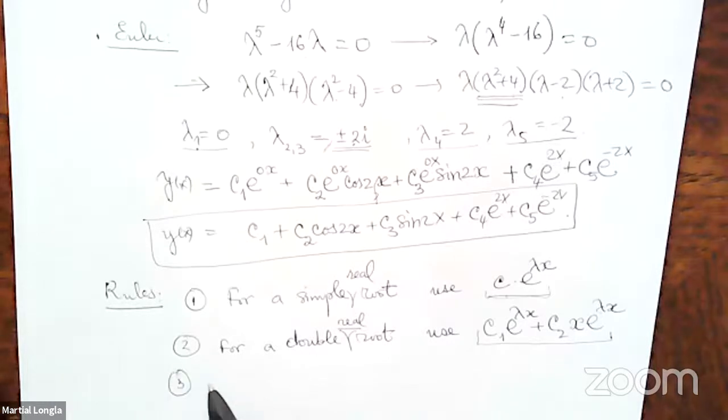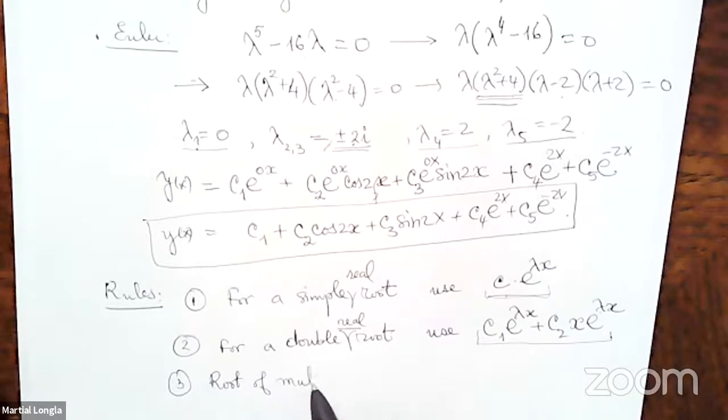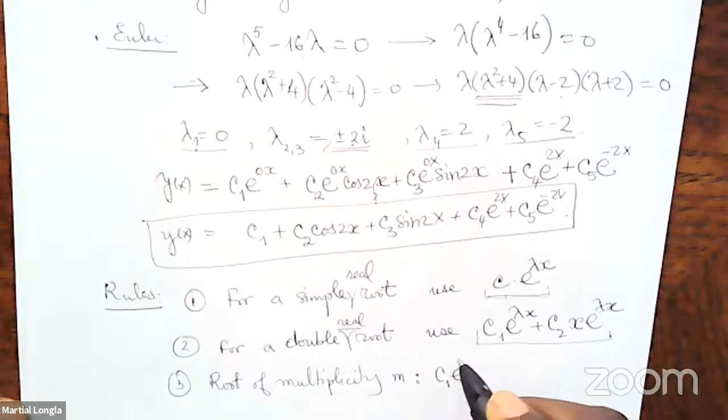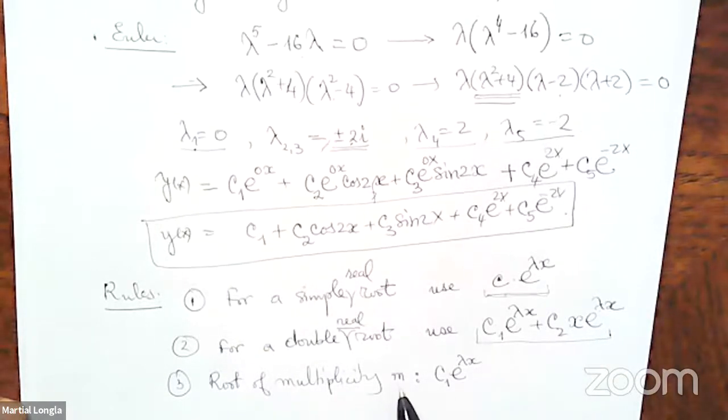If in general, you have a root of multiplicity m, which means that that root comes m times, then you are going to have c1 e to the lambda x. Notice that for a double root, you got c1, c2. So for a root of multiplicity m, you are going to have m c's.